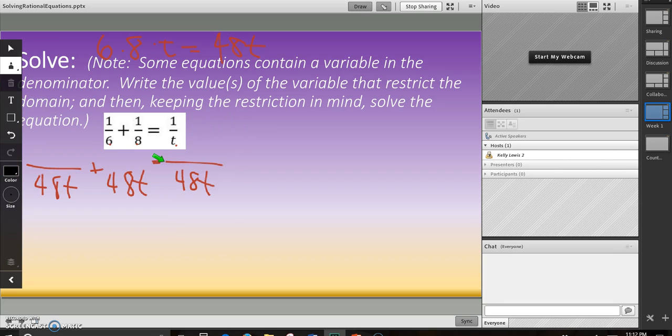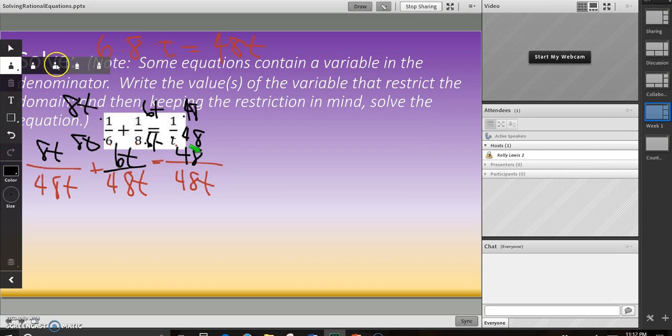In order for this guy to be 48t, I need to multiply by 8t. So 8t times 1 is 8t. For this guy to be 48t, I need to multiply by 6t. So 6t times 1 is 6t. For this guy to be 48t, I need to multiply by t. 48 times 1 is 48.